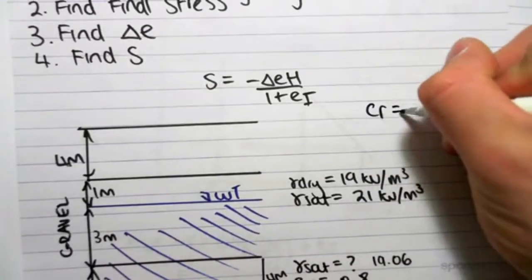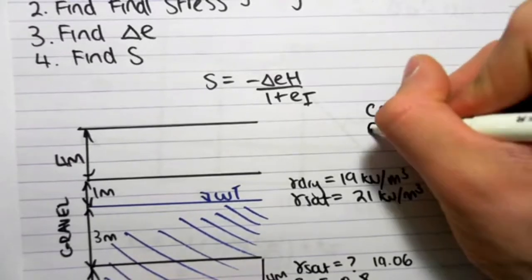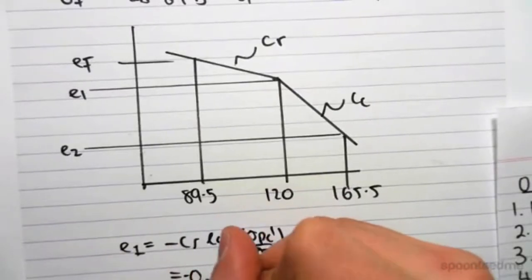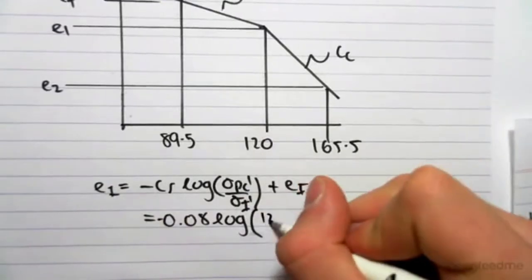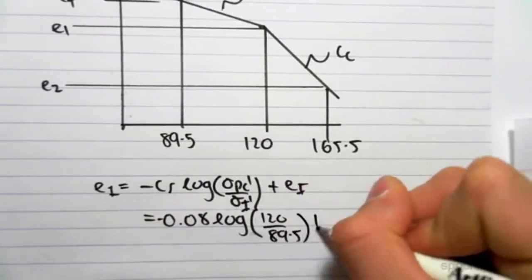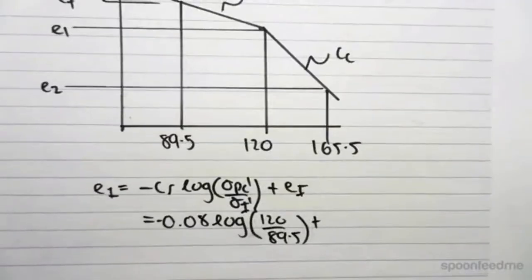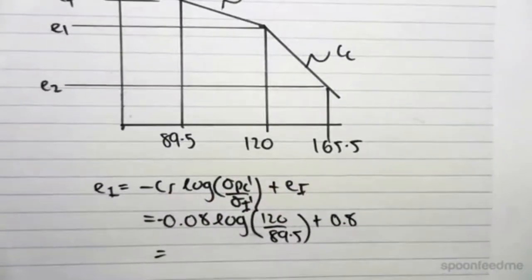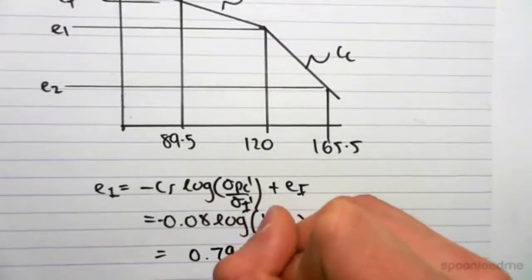Let's make CR equal to 0.08 and CC equal to 0.1. So minus 0.08 log sigma PC dash, which is 120 on 89.5, plus the initial void ratio, which in our question is 0.8. So if we work this out, it's minus 0.08 log of 120 divided by 89.5 plus 0.8. So we get 0.79.